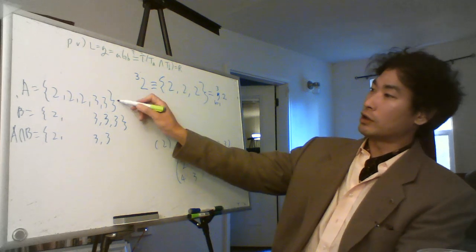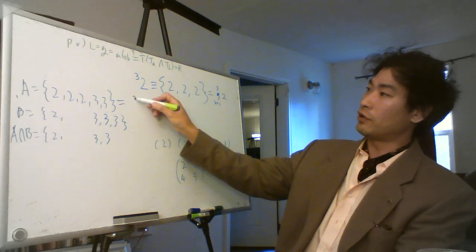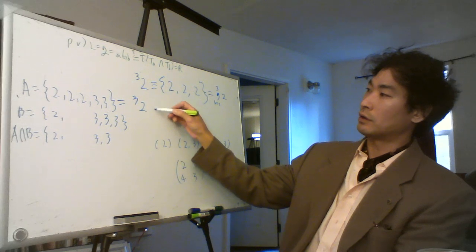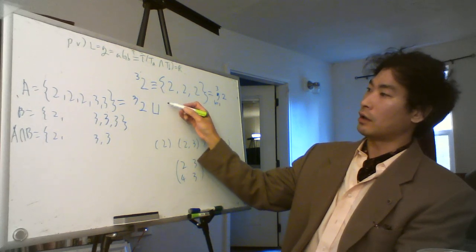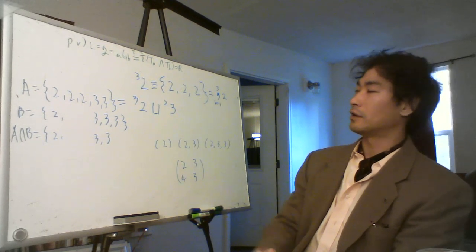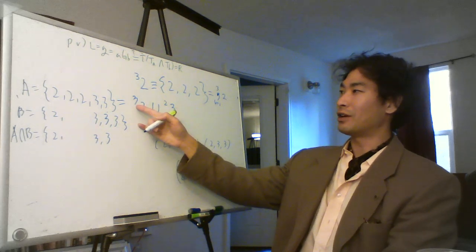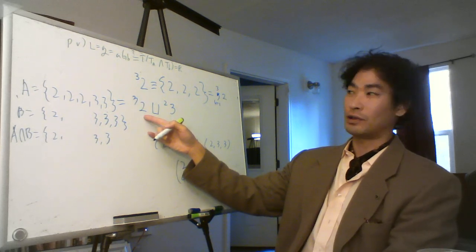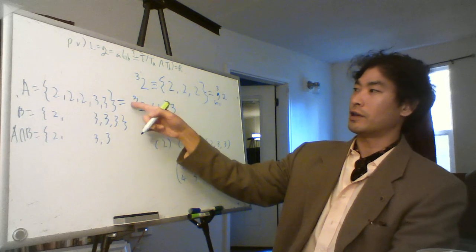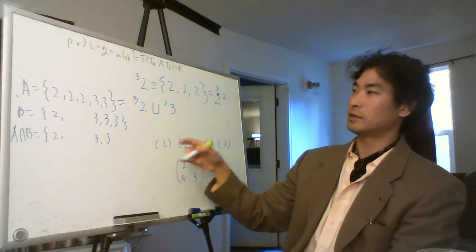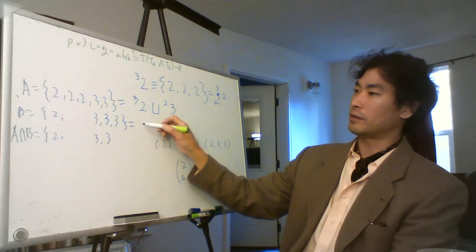So then, what is this? There are three twos union two threes. I kind of like this because three twos. How many twos are there? Three. Three twos and two threes. Okay, this is what?